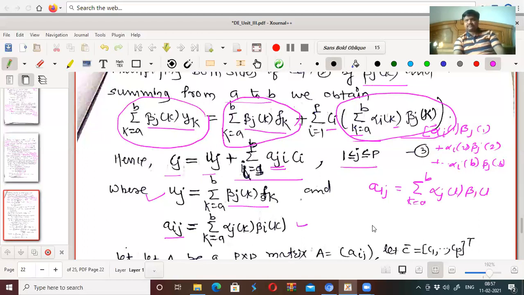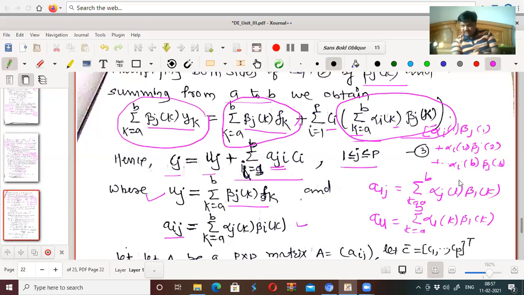This is A1j, right? What about A11? A11 becomes summation from k equal to a to b alpha 1k beta 1k. That can be written as alpha 1a beta 1a plus alpha 1a+1 beta 1a+1 plus and so on.